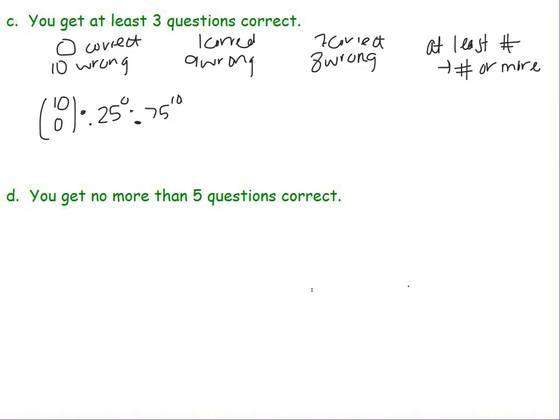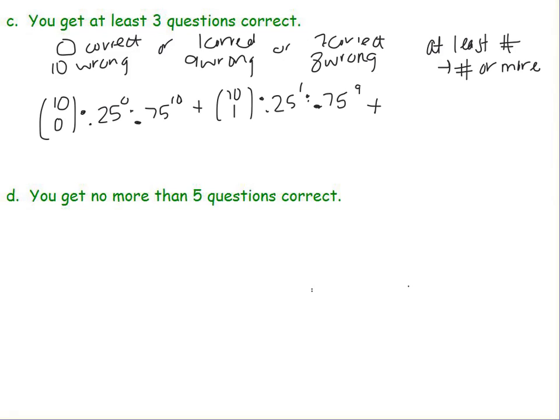Then we have 1 correct. Because these are options, this is an or between all of these, which means I'm going to put a plus sign here. Now the only thing that's changing is the zeros and the 10. The zeros are increasing to 1 correct, there and here. And the 10 is going down to a 9. So that's the case for 1.